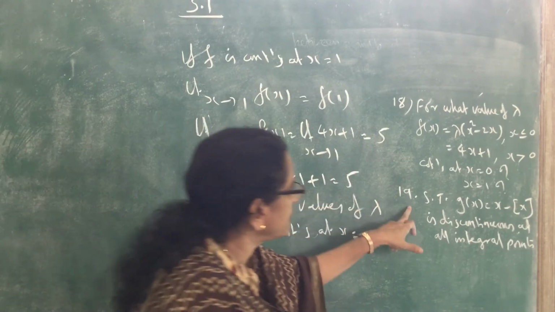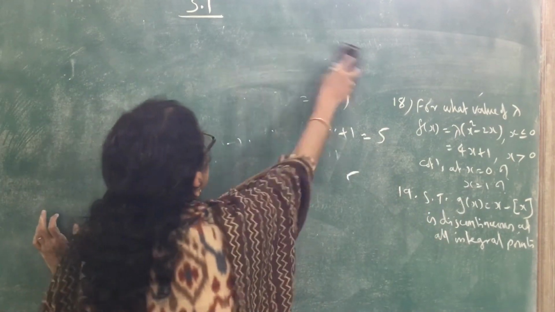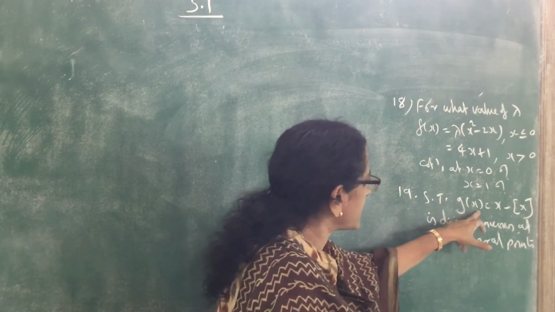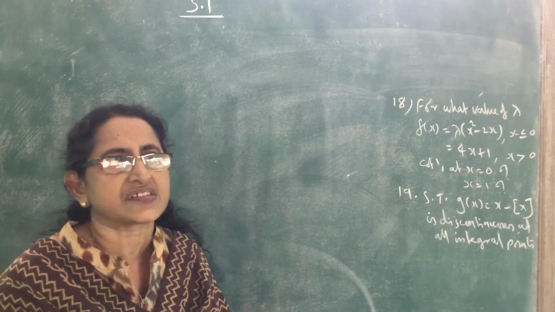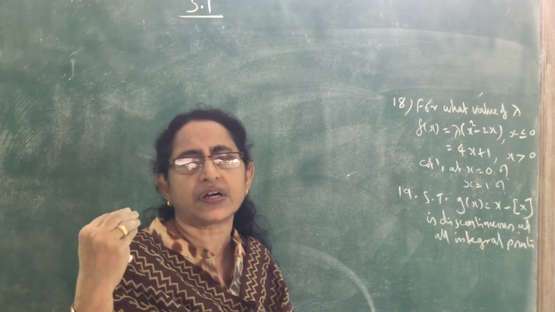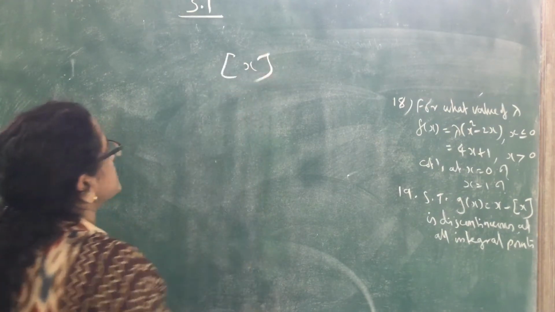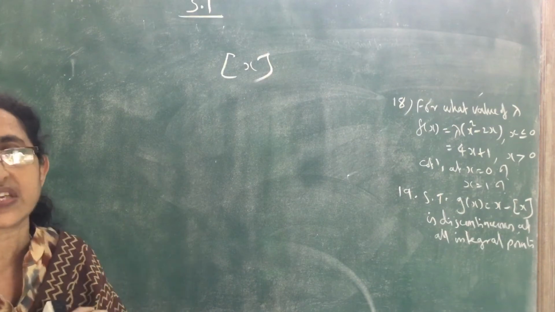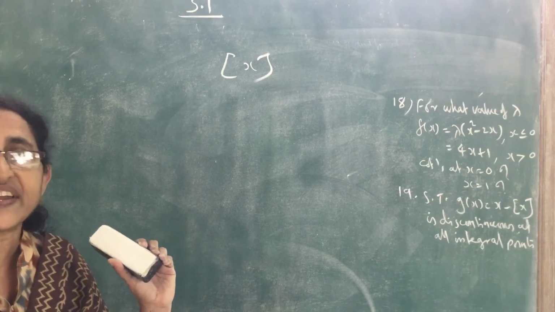Okay, then 19th. We have to show that g of x equal to x minus greatest integer function x is discontinuous at all integral points. We have checked the continuity of the greatest integer function and we have seen that it is discontinuous at all integral points.